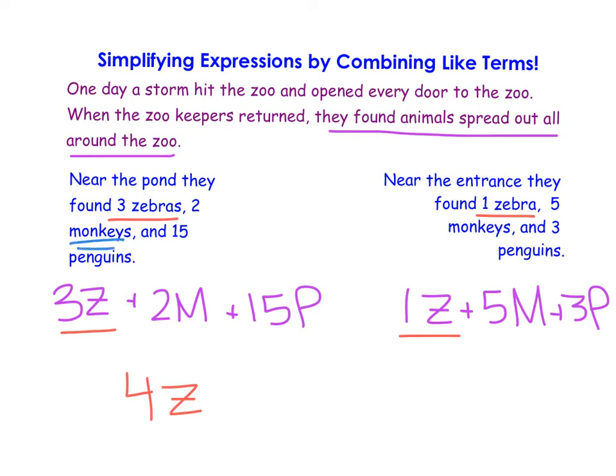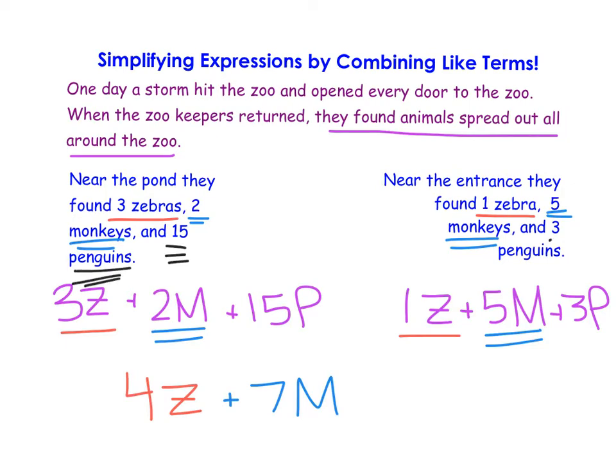So here I had 2 monkeys and 5 monkeys, for a total of 7 monkeys. And then I also noticed that I have 3 penguins and 15 penguins for a total of 18 penguins.